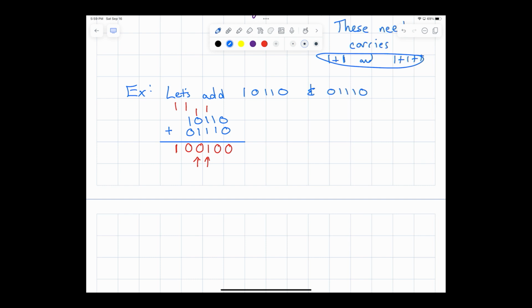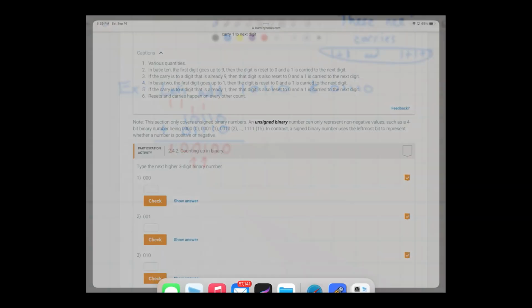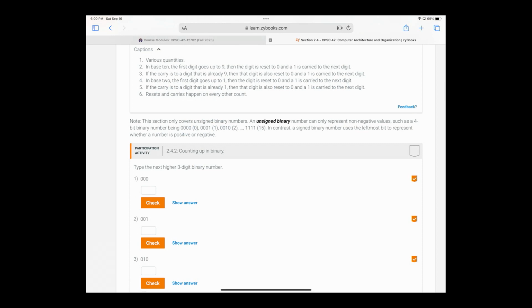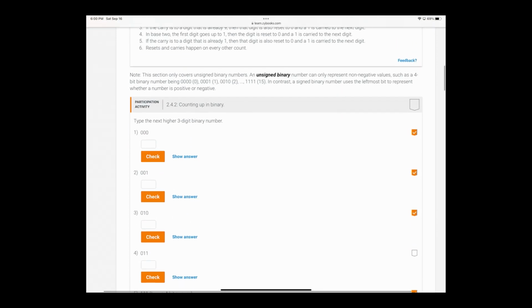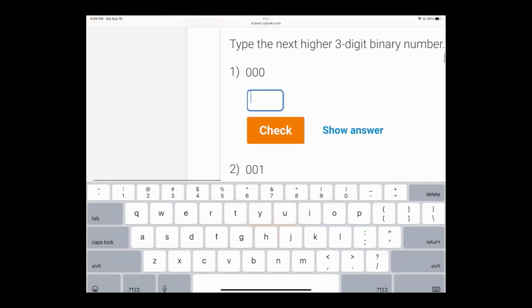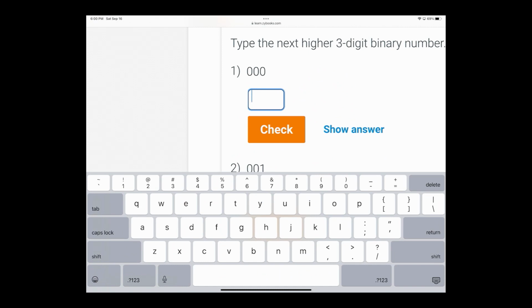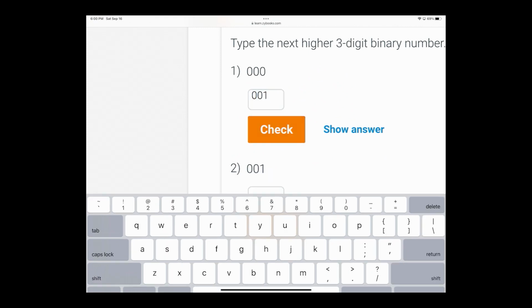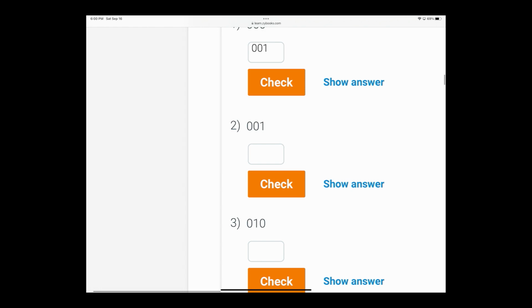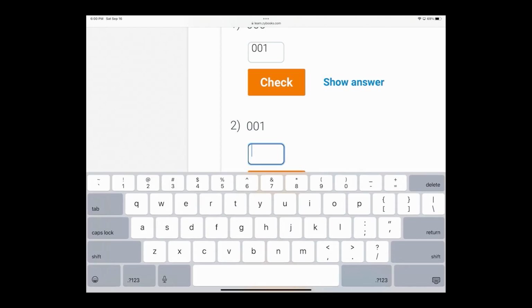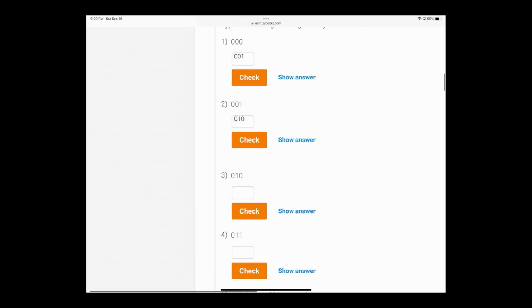So we're going to look over in zyBooks and see where we would have to use this. We already did these. What's the next higher digit than 0, 0, 0? 1, obviously. What's higher than 0, 0, 1? It's 2, but you have to know how to write 2 as 1, 0, and so on.